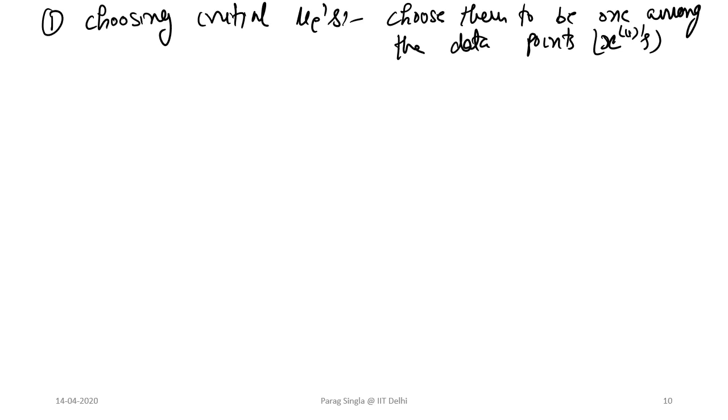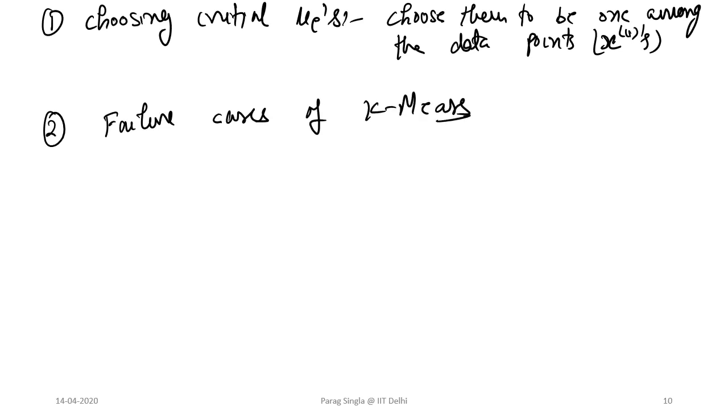And finally, in the next class we will look at failure cases of the k-means algorithm, cases where the k-means algorithm does not work very well.